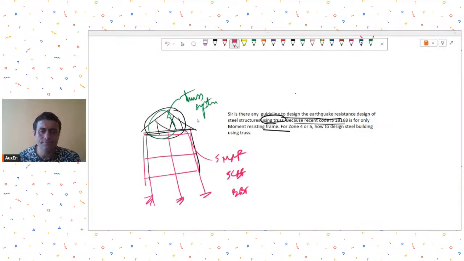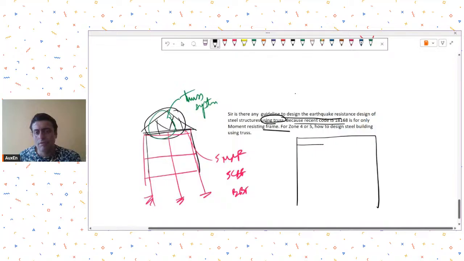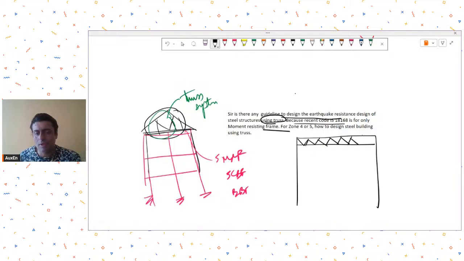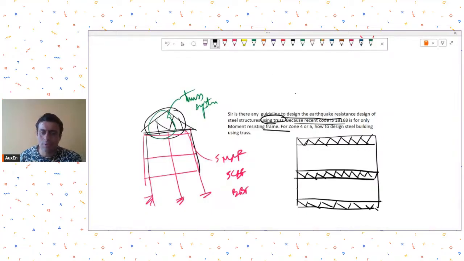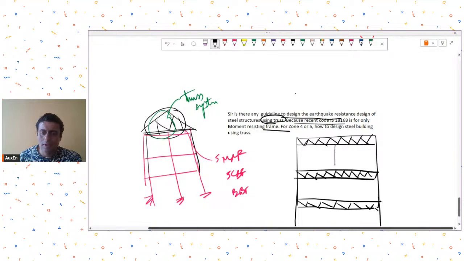Got it? If you are asking that your moment frame itself has to be made of trusses, that means, let's say, instead of beams you want to provide moment frame elements made out of truss like this, then there is no direct guideline given in the code right now about this kind of system, where instead of beams I want some open web members like this, as I'm showing you.